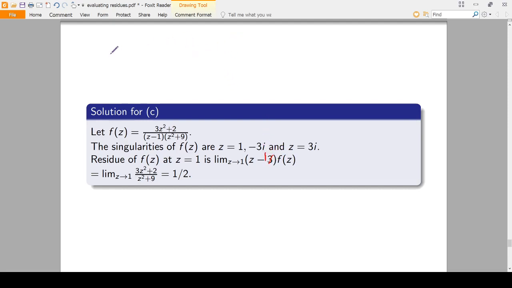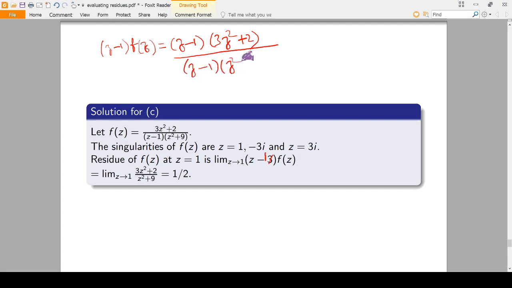So z minus 1 into f of z, this will be z minus 1 into 3z squared plus 2 whole divided by z minus 1 into z squared plus 9, and here z minus 1 gets cancelled.